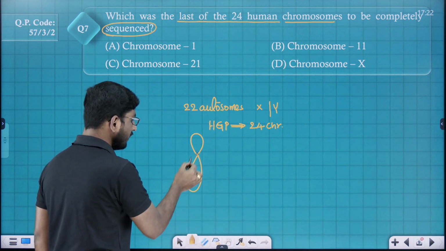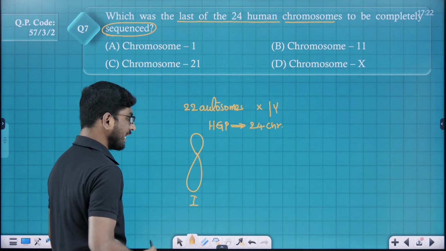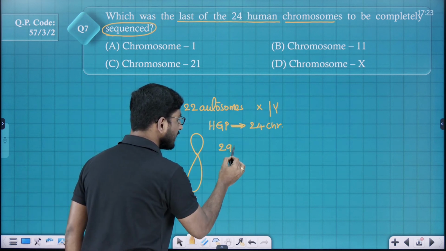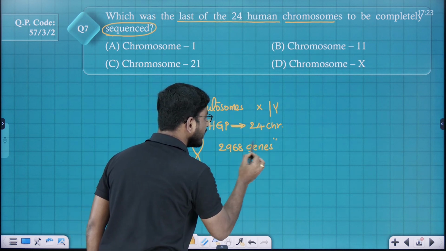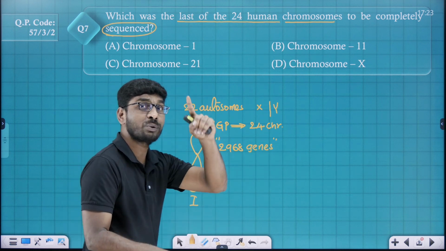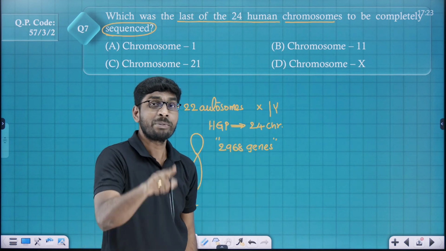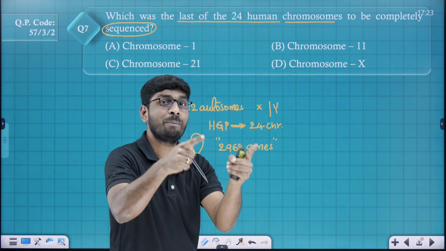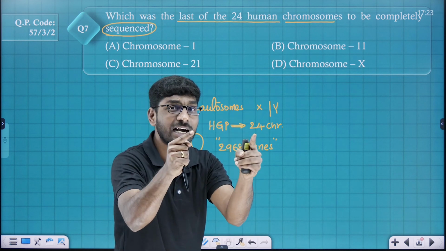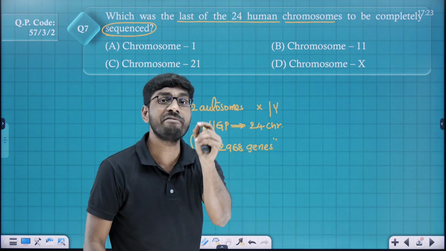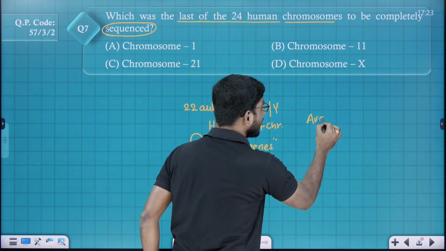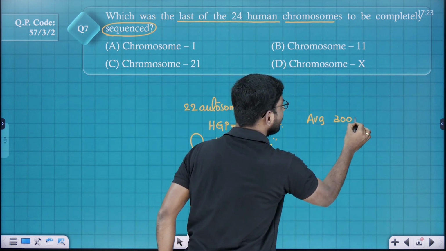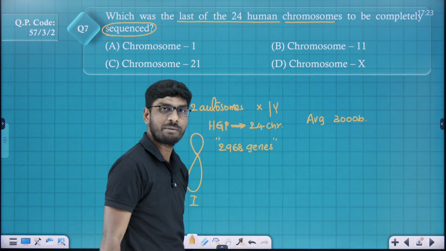This chromosome number 1 consists of 2968 genes, along with one largest gene. In the salient features it is clearly mentioned that an average gene consists of 3000 bases.